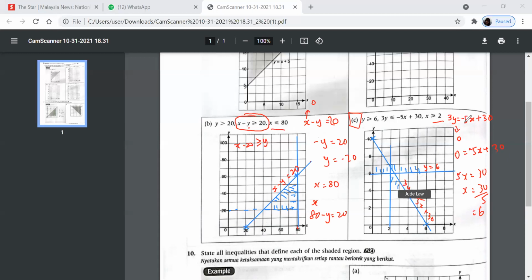Less than is down. Yes, down. Then this one too, it is here. Then x is... let's do it.